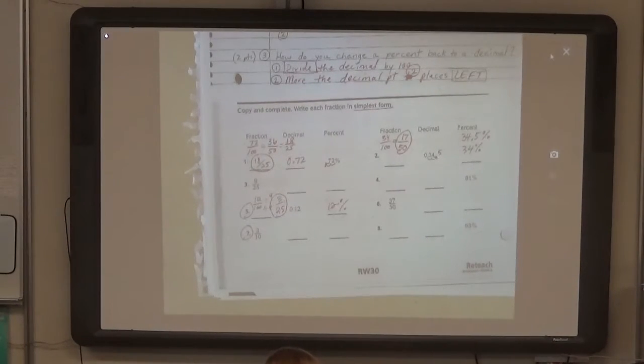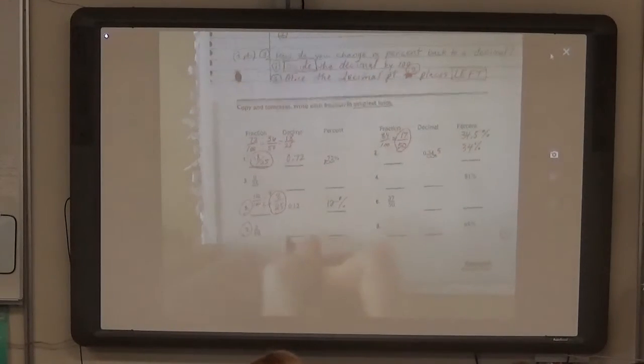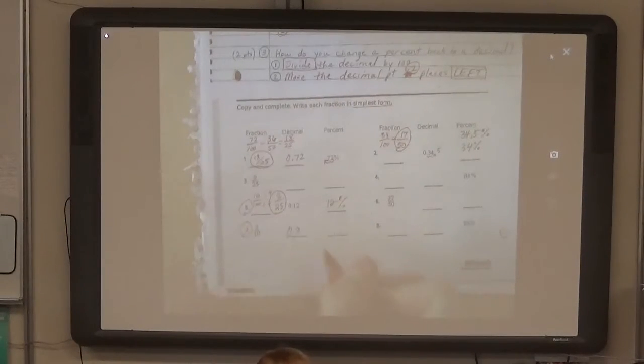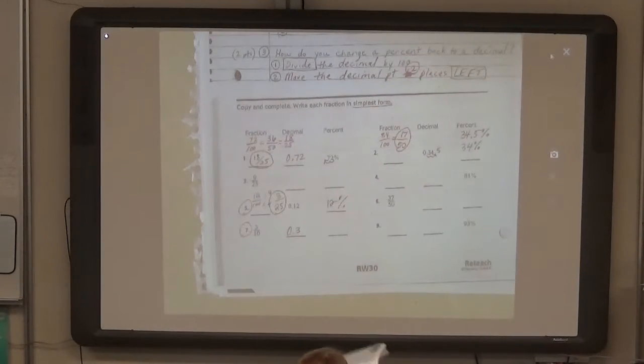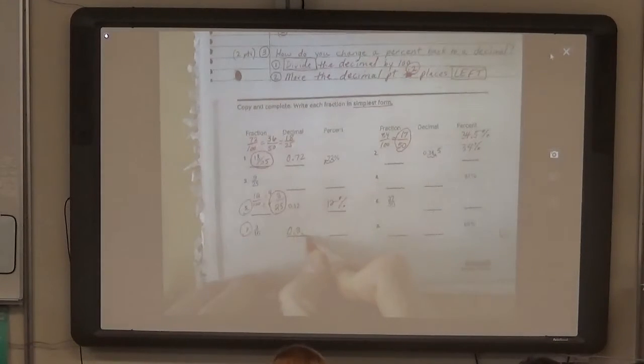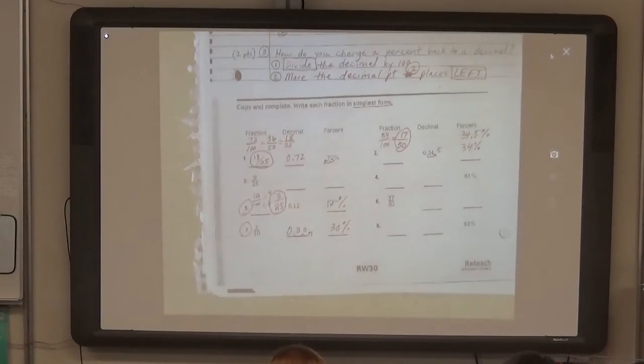Okay. What is it, Jacob? It's 0.3. So write 0.3. What percent is that? 30%, because we would move it 2 places, but then there's a 0. We have to add a 0 there. So it's 30%. You have to put a 0 when you move the decimal point past that place.